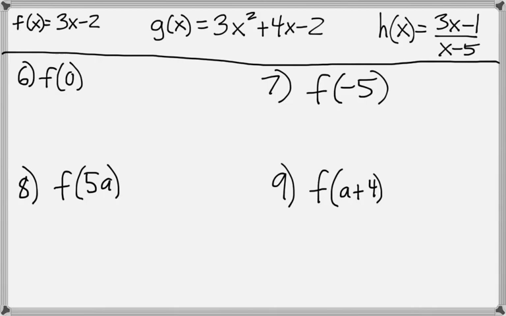That's essentially what we're doing here. So they're identifying the function that you want to use as f, so 3x minus 2, and they're just telling you to plug in 0 wherever you see an x. And 3 times 0 is 0, minus 2 will give you negative 2, and that'll be your answer.